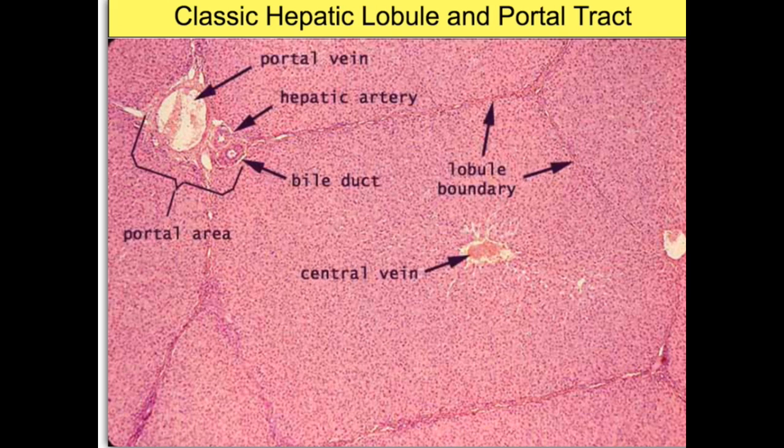This is the bile duct, and it is characterized by the presence of simple cubical epithelium. That will be clear in other pictures. So this bile duct drains the bile from the hepatocytes of the hepatic lobule. Also we have a lymph vessel for the lymph drainage.